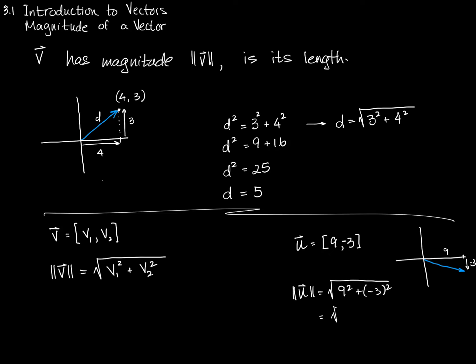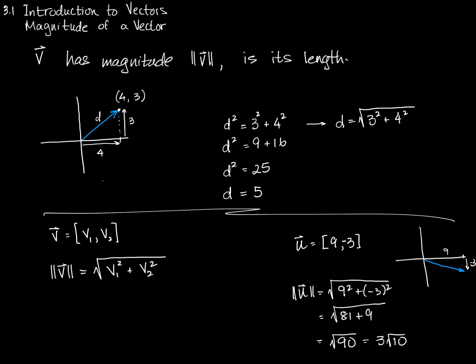That will be the square root of 81 plus 9, which is the square root of 90, which simplifies to 3 root 10. And that's it. That is the length of vector u, if vector u is this vector.